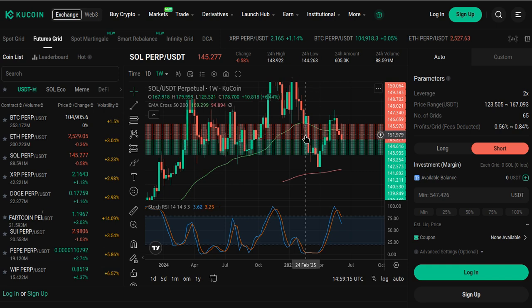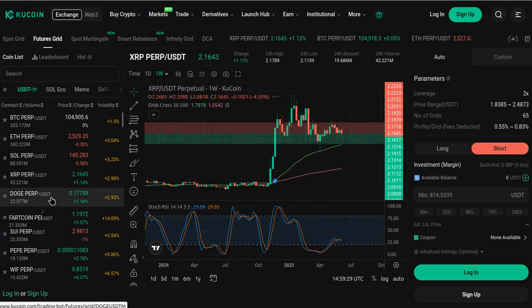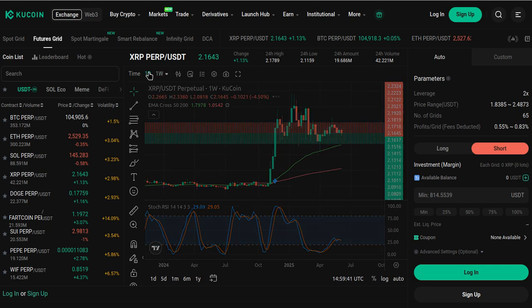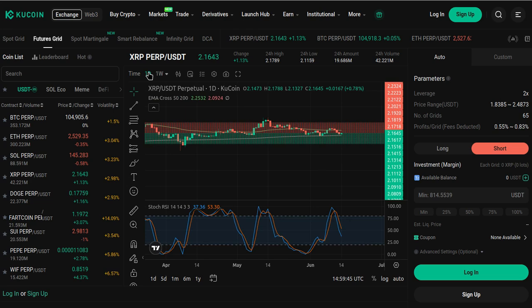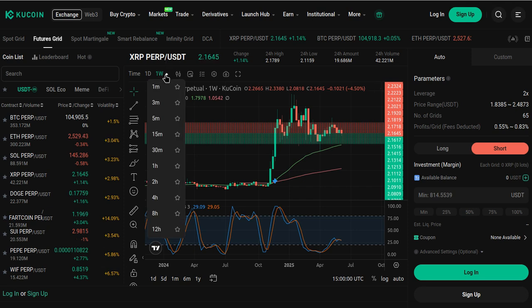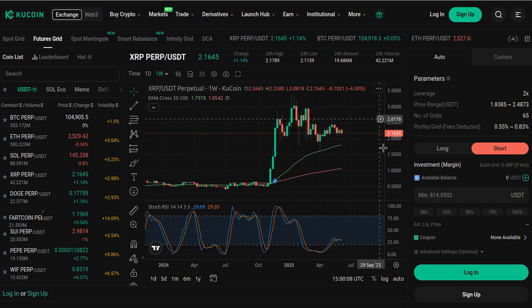I don't know why it's showing me the grids. I don't want it to show me any grid. Alright, because I want to see.